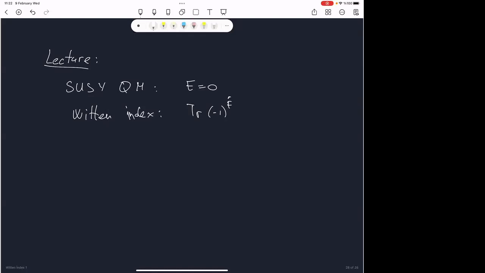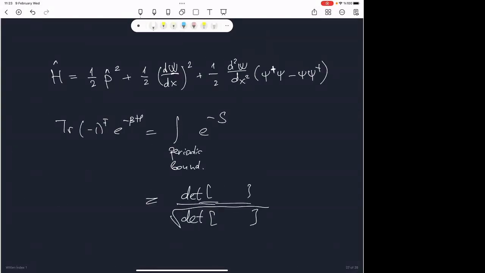For simplicity, I will do this just for the bosonic part, the harmonic oscillator. Then I'll come back to our Hamiltonian and compute the path integral for the whole Hamiltonian.